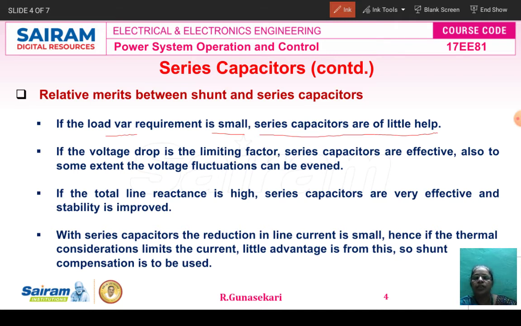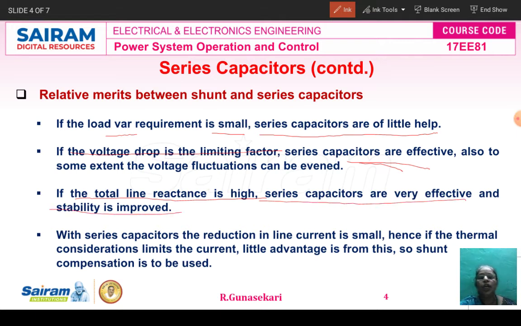And suppose the voltage drop is the limiting factor, then the series capacitor is very effective compared to shunt capacitors, because to some extent the voltage fluctuation can be evened out. So if the voltage drop is the limiting factor, we can use the series capacitor, which is more effective.